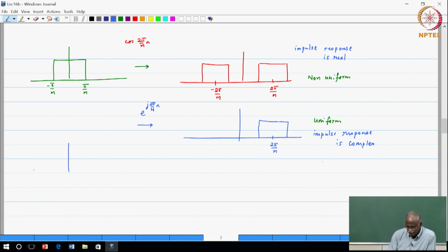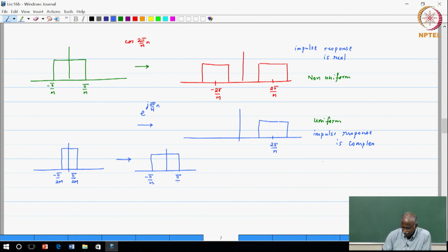In that case, you will have two basic filters, one of them the basic filter, the other one will be an auxiliary filter going from minus pi over 2m to pi over 2m, half the bandwidth. Now what we will do is you will have the basic filter going from minus pi over m to pi over m, that means the total bandwidth of 2 pi over m.